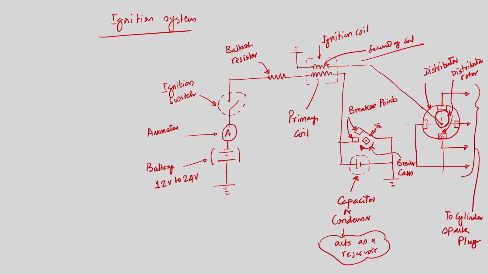If we go back to the first schematic, the distributor rotor rotates, and as it comes in contact with a particular point, the high voltage is created and supplied to the spark plug of that cylinder of the engine.